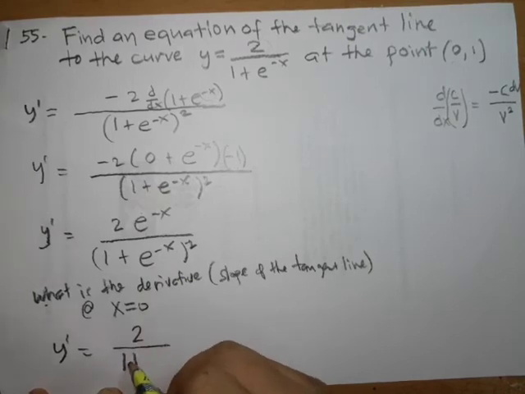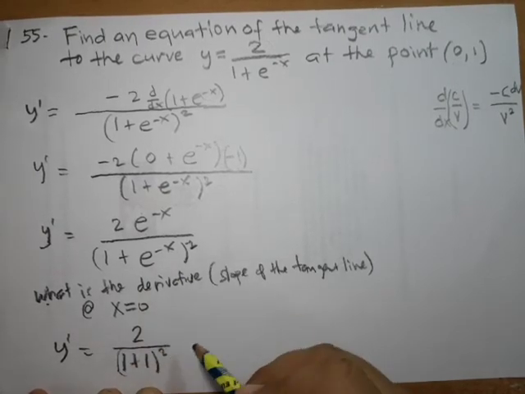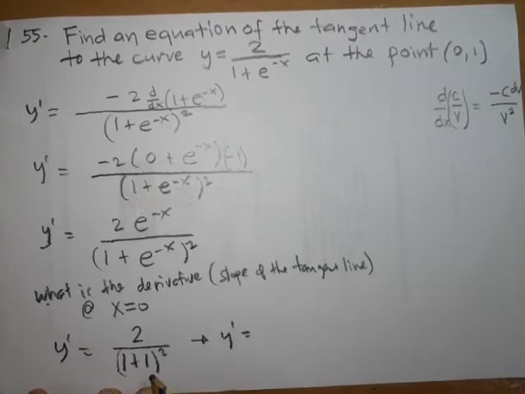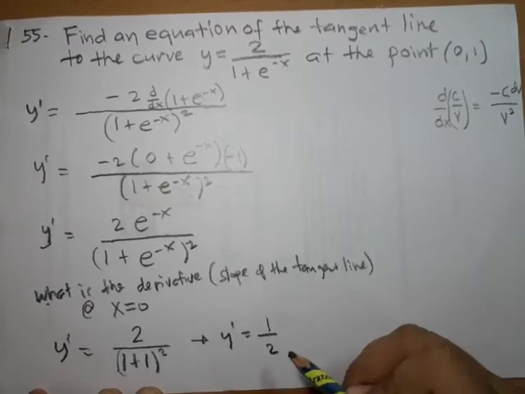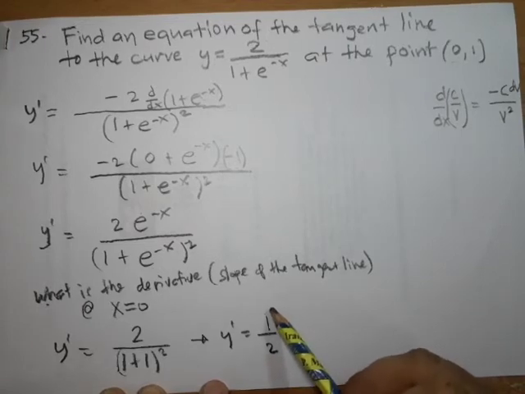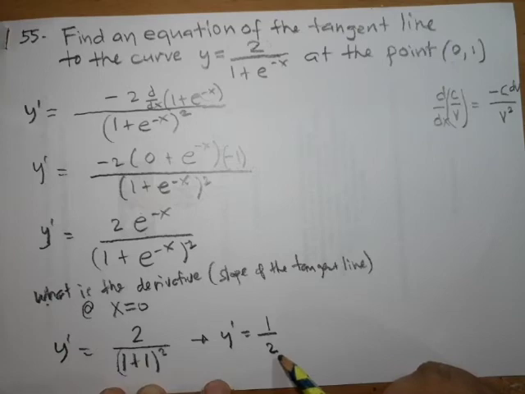So this is (1 plus 1) squared, giving us y prime equals 2 over 2 squared, or 2 over 4. So y prime is equal to 1 half. So we now have the slope of the tangent line at (0, 1).